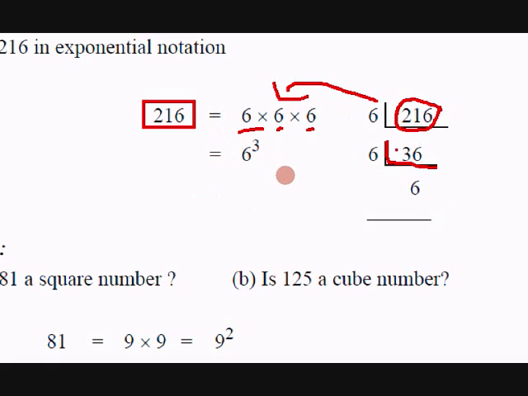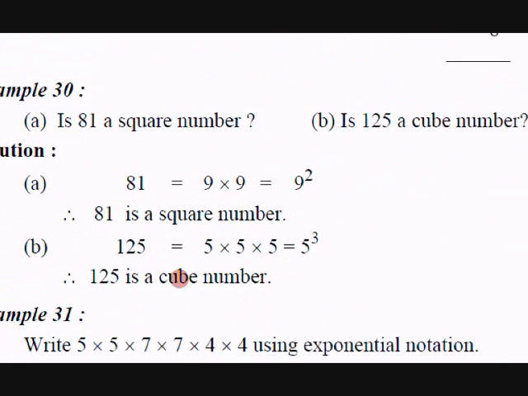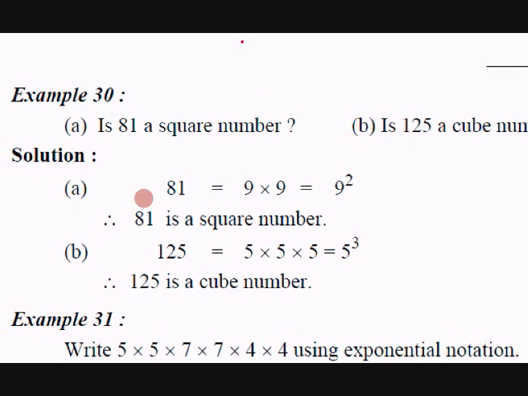This is another way, just to remind you how 216 can be written as 6 cubed. This is a trick. We are going to use this method at a later date. Take 216, divide it by 6 and you will get the answer.